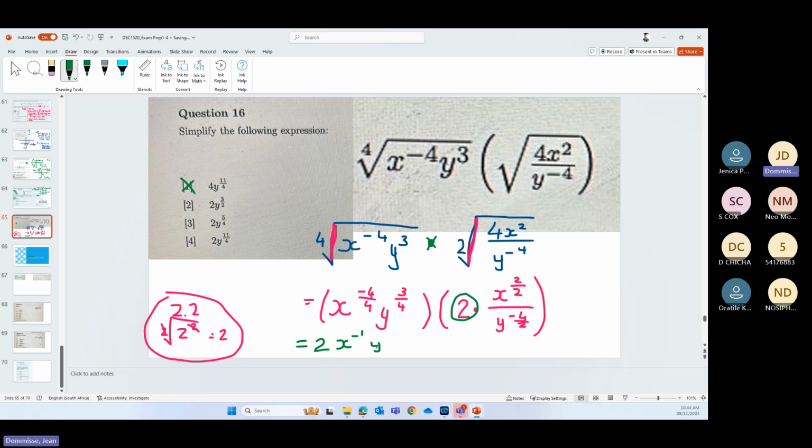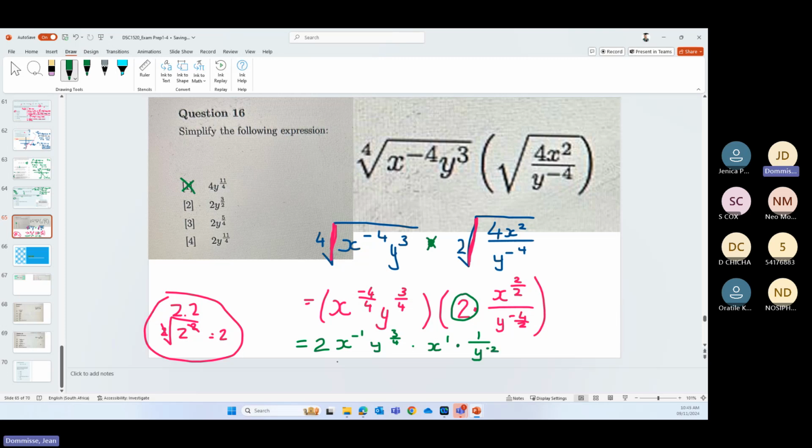That unfortunately stays the same. x2 divided by 2, that's x1. And then at the bottom, I'm first going to rewrite this as 1 over y minus 4 over 2, which is y minus 2.